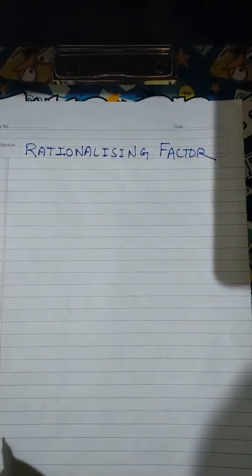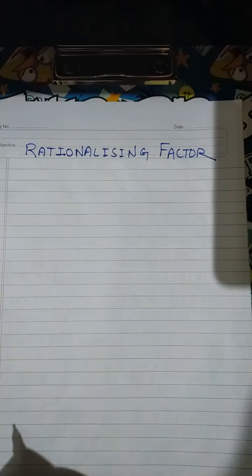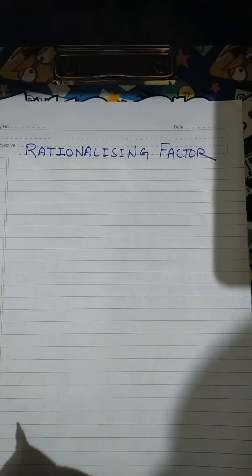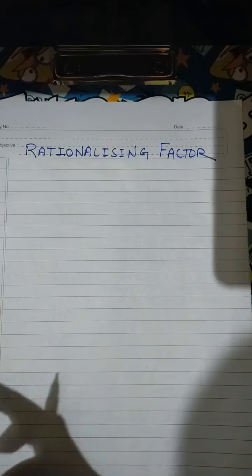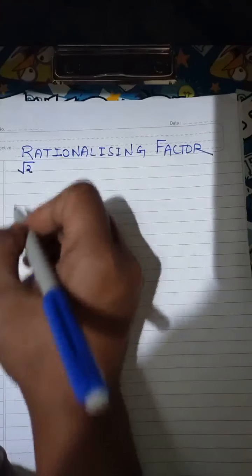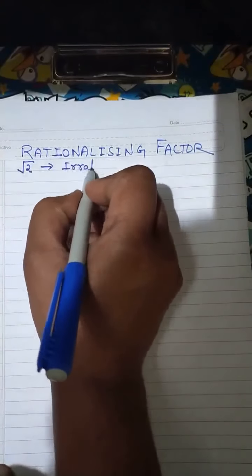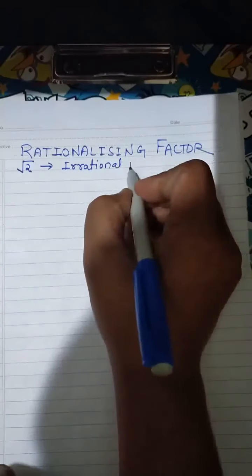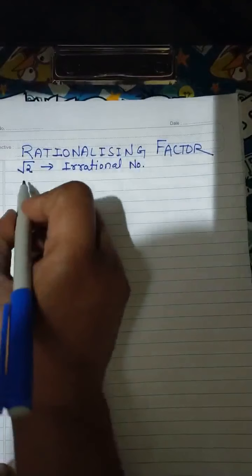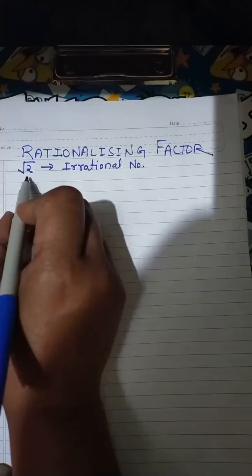As we know, rationalizing factor is a term by which an irrational number should be multiplied or divided so that we will get a rational number. So children, we will take an example to understand this concept. Let us take square root of 2. This is an irrational number. I want to make this irrational number into a rational number.